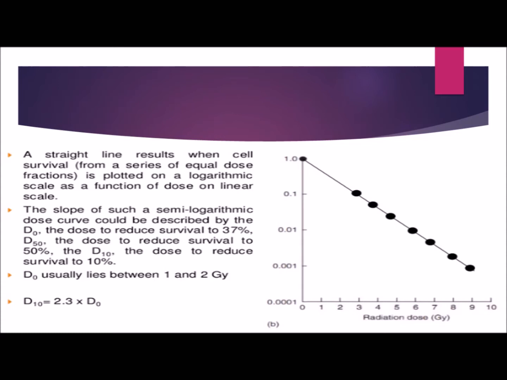The slope of such a semi-logarithmic dose curve can be described by the D sub-zero, the dose to reduce survival to 37%; the D sub-50, the dose to reduce survival to 50%; and the D sub-10, the dose to reduce survival to 10%. D sub-zero usually lies between 1 to 2 gray.